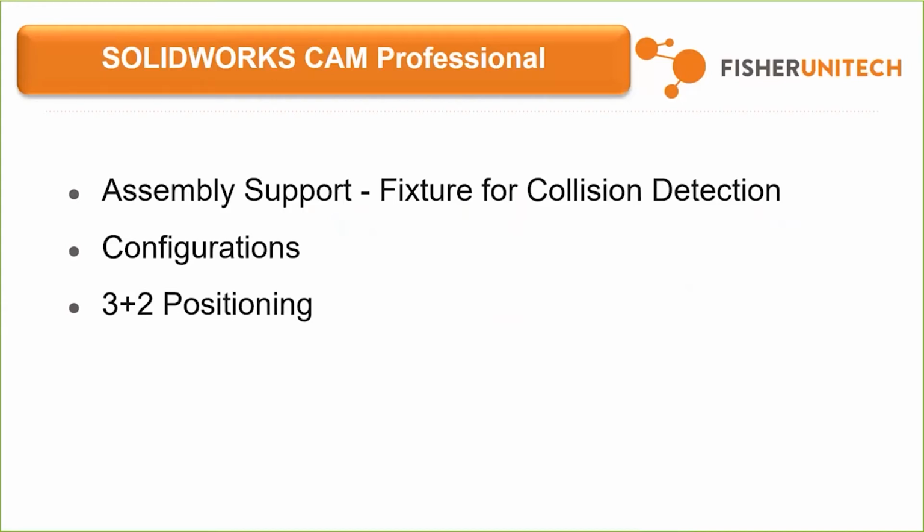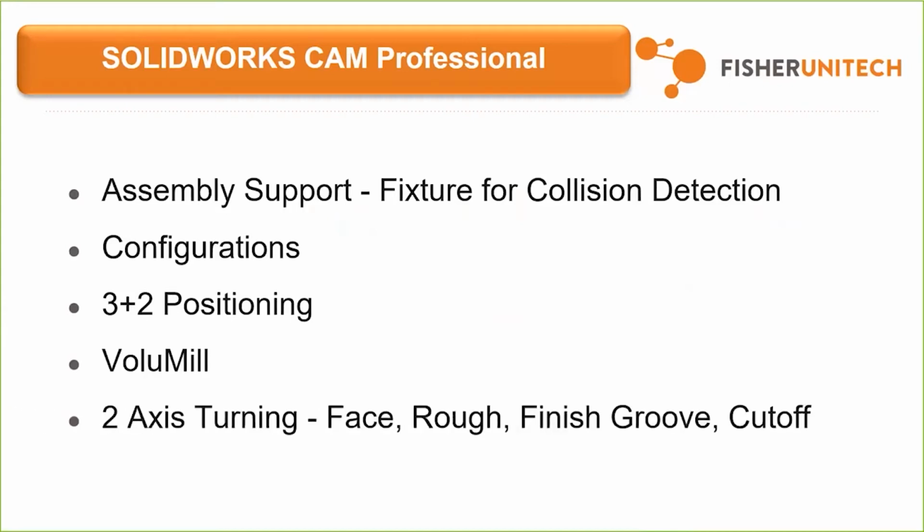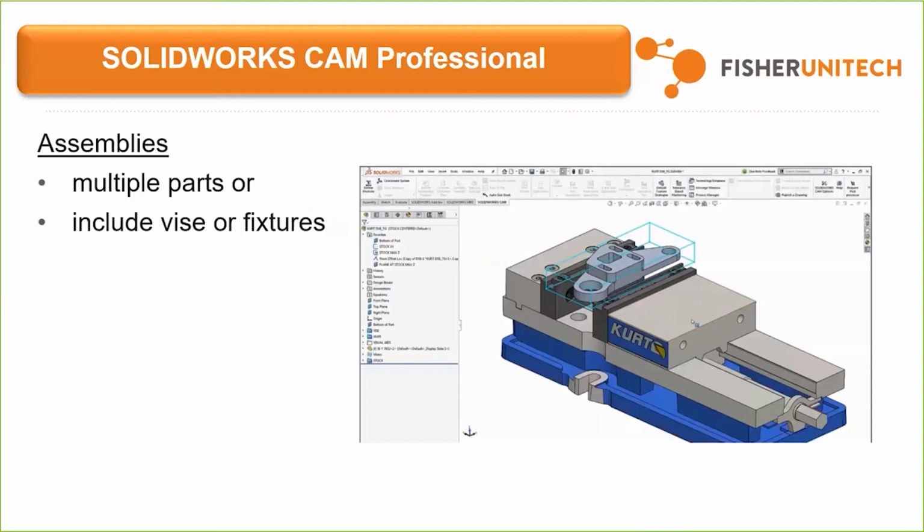You also get volume mill, which is just SOLIDWORKS CAM's high-speed machining strategy. And you get 2.5 axis turning operations, so things like facing, roughing, finish grooving, and cutoffs. In assemblies, you can machine multiple parts, and you can include vices or fixtures.